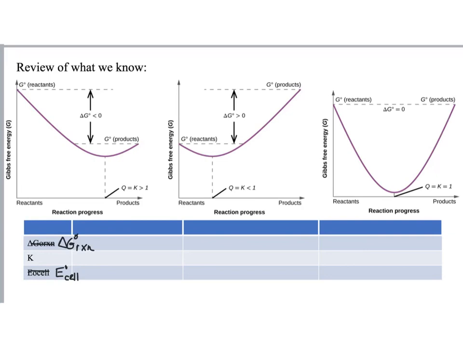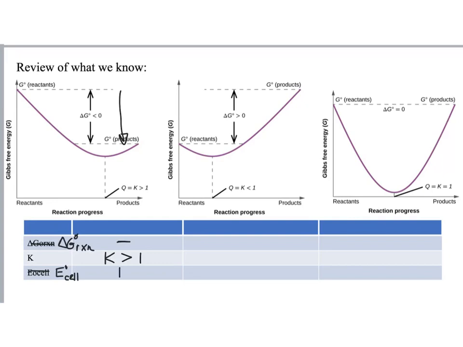So coming back to this and adding what we have figured out about cell potential, we know, like at the first graph, this represents something that has a delta G of reaction that's negative. We know it represents something that has a K that is greater than 1 because products are more prevalent at equilibrium. And we know that delta G and E cell are proportional but have opposite signs.